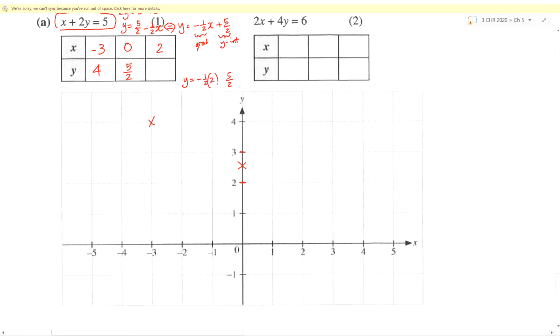So when x is equal to 2, when I am at block 2, my y value is 5 over 2 minus 1. That is 3 over 2, that's 1.5. So block 2, level 1.5. This is the point that we need.